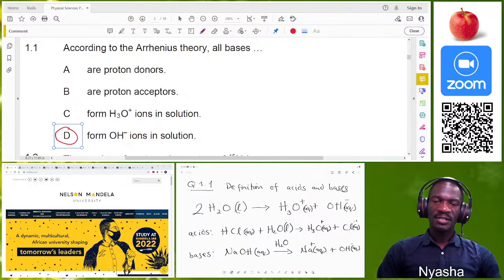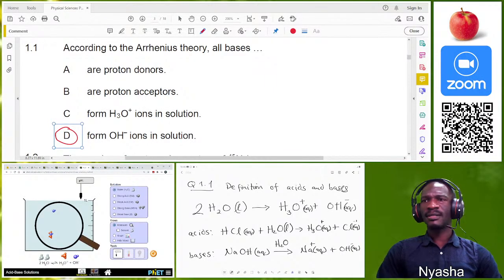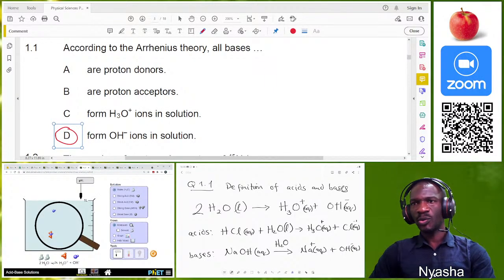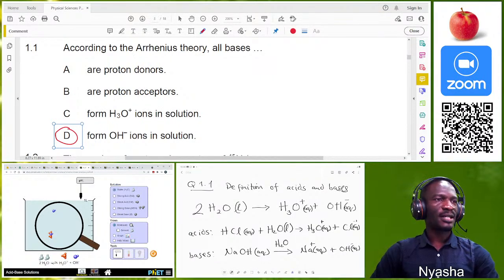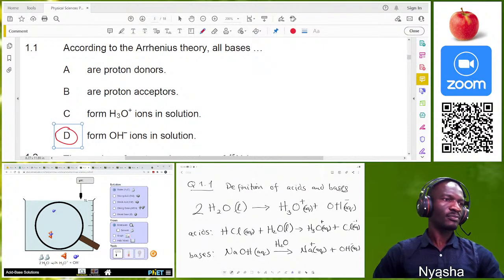Just for us to see something that could resemble this, let me scroll to acids and bases and show through that hydronium ion and hydroxide ion contribution.